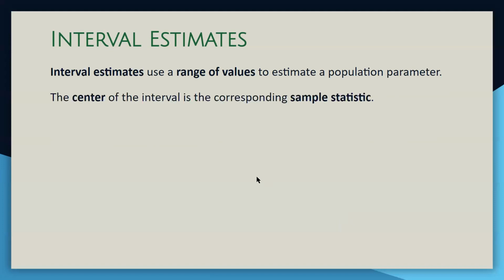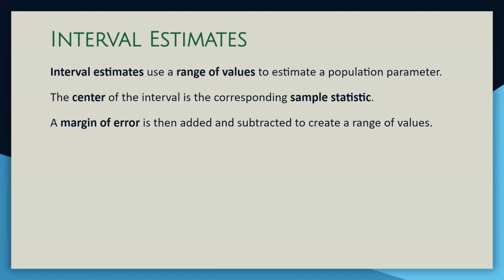The center of this range of values is the corresponding sample statistic. So if we're building an interval estimate for a population mean, the center of that range of values is going to be the sample mean.